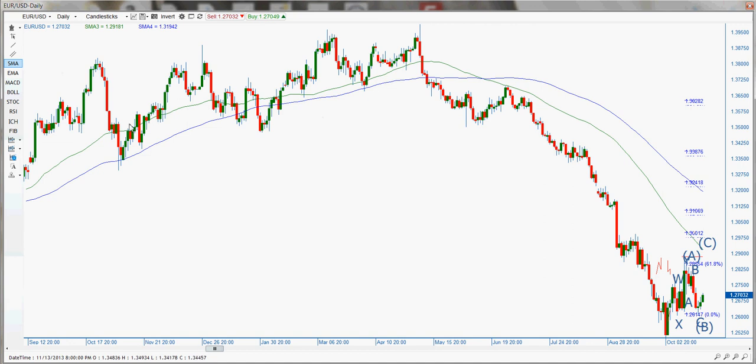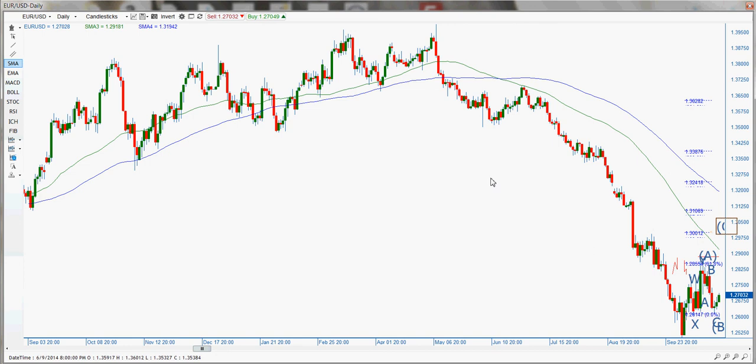Okay, so you see this green line here, I believe this is my 50-day moving average, which comes in at 129.18. Shy of equality, which comes in at 130, but still we're looking at over 200 pips above us.